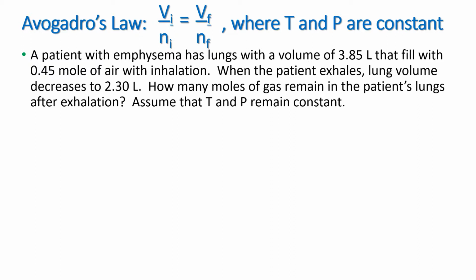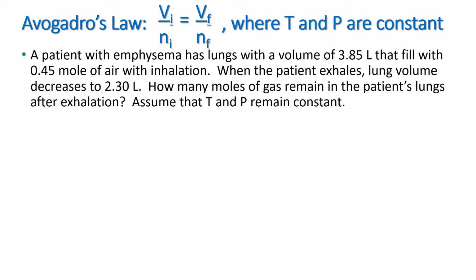Our problem reads that we have a patient with emphysema, and this patient has lungs that have a volume of 3.85 liters that fill with 0.45 moles of air when the patient is inhaling. Now, when the patient exhales, the lung volume decreases to 2.30 liters, and we're being asked how many moles of gas remain in the patient's lung after exhalation.